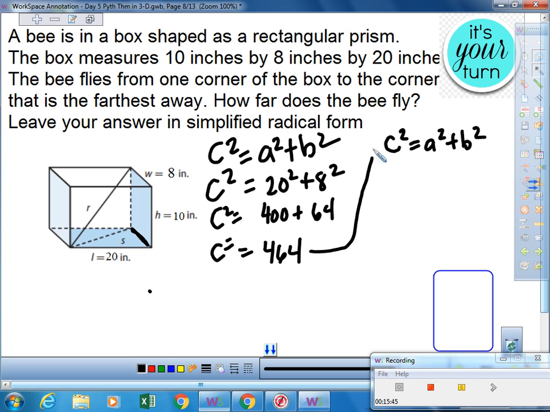So this just goes in for what? A squared. Could go in for B squared. But do not, just because it's C squared, substitute it in for C squared. Because remember, this diagonal now becomes like side A or B for your new triangle.